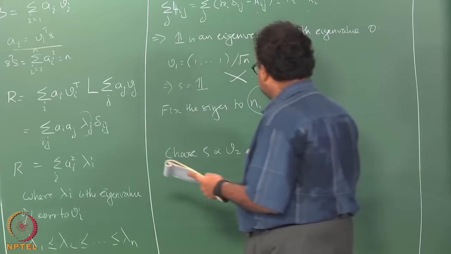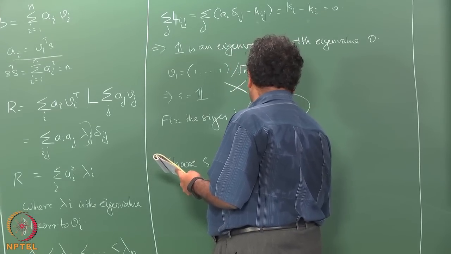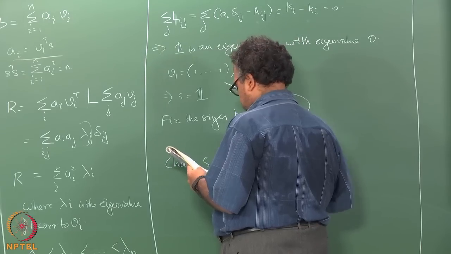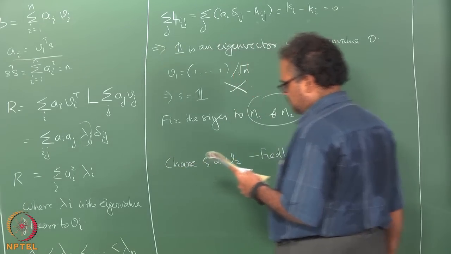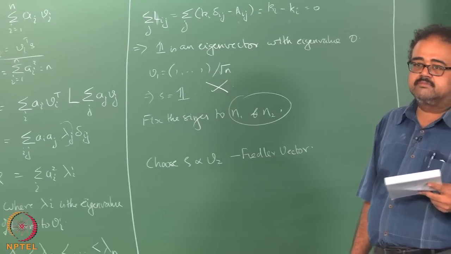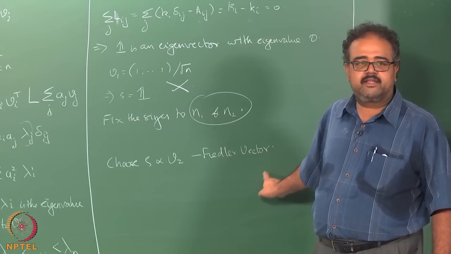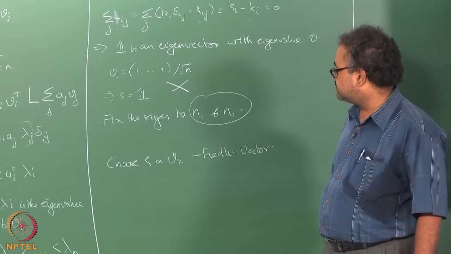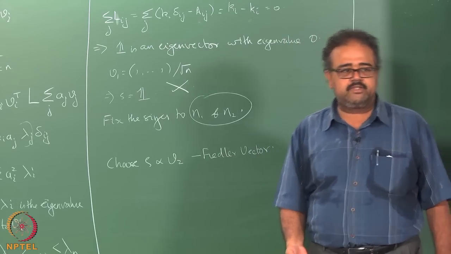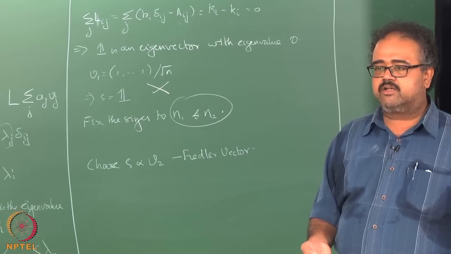This is also called the Fiedler vector. V2, the eigenvector corresponding to the second smallest eigenvalue of the Laplacian, is called the Fiedler vector.